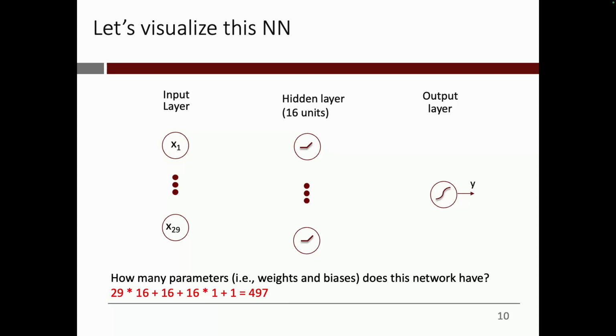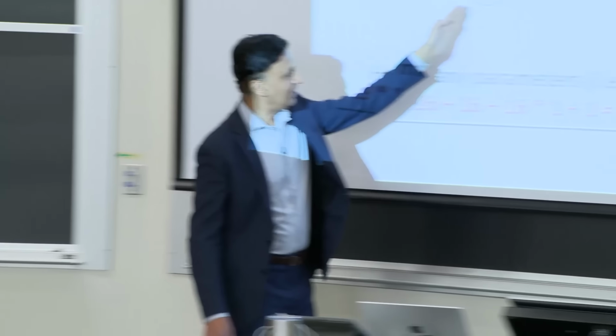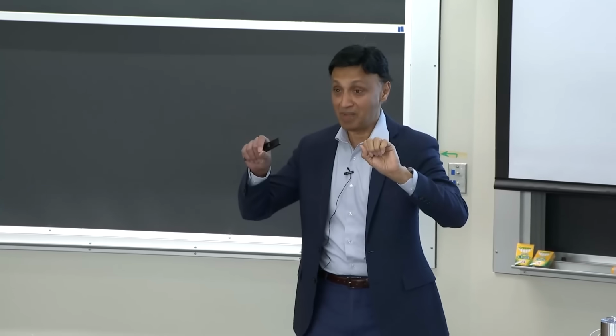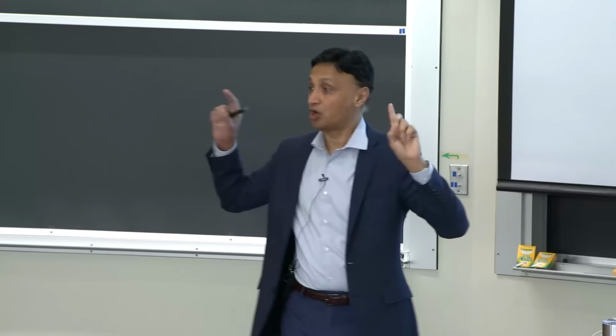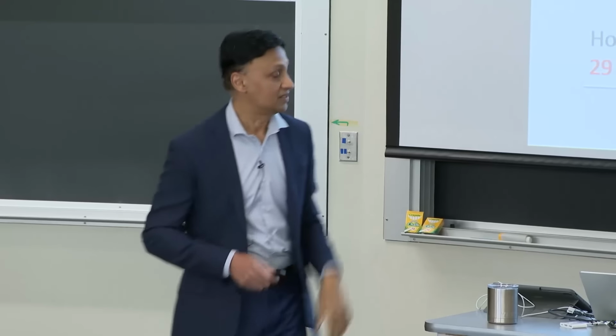So you can see there is something very interesting going on: when you go from one layer to another layer, the number of weights is roughly on the order of A times B, the number of units. That's a dramatic explosion in the number of parameters, and that's something we have to watch for later on to prevent overfitting. That's where the explosion comes from, the fact that each layer is fully connected to the next layer. But we'll revisit this later on.